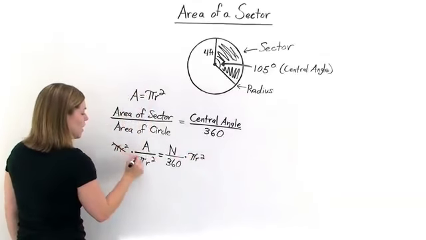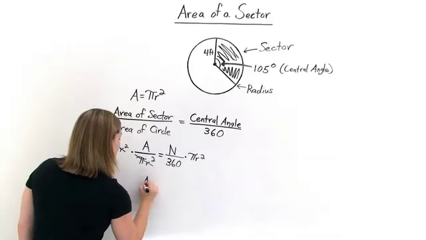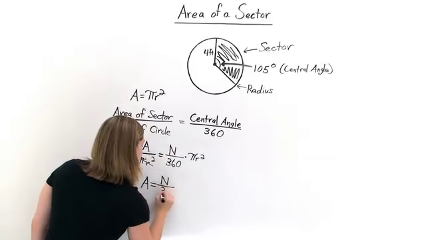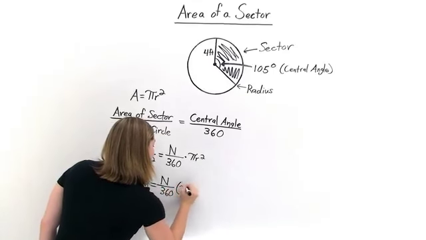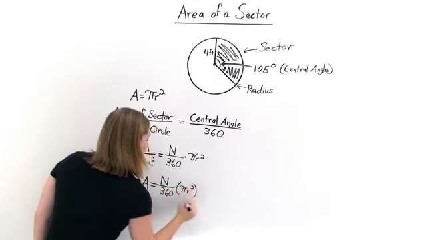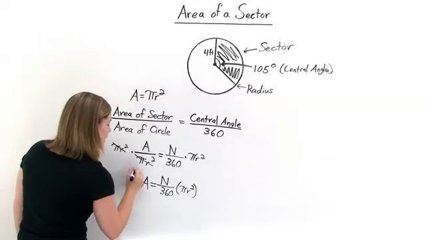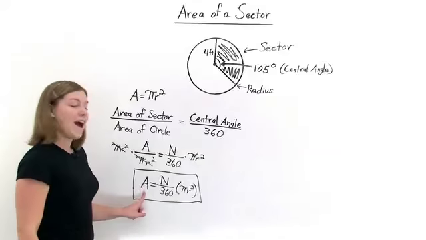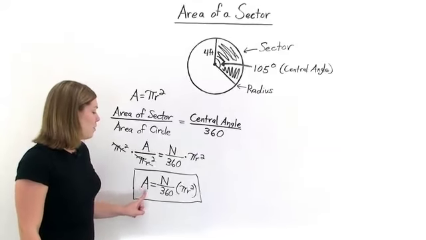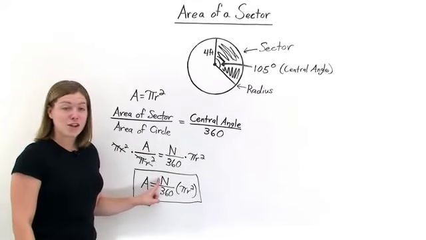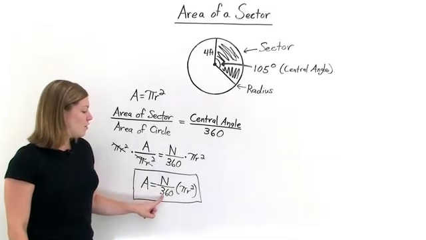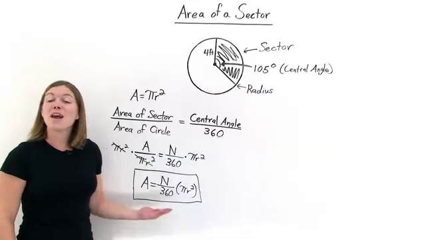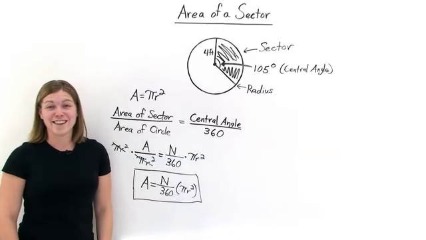When we do, they cancel out over here, and we're just left with A. Here, we're left with n over 360 times pi r squared. This is the formula for the area of a sector. We have that the area of a sector is equal to n, which is the measurement of the central angle, divided by 360 times the quantity pi r squared. We have the formula we were looking for.